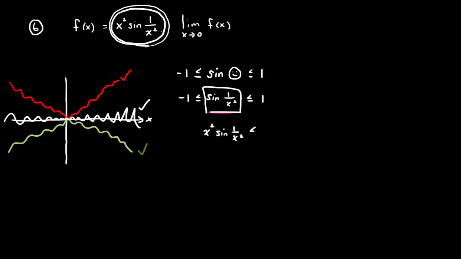So if I multiply all sides by x squared, 1 times x squared is x squared. Negative 1 times x squared is negative x squared. So I just multiplied all sides by the same quantity, and so now I have this inequality. And this is very desirable because I have the contents of my sandwich. I also now have the upper bun.